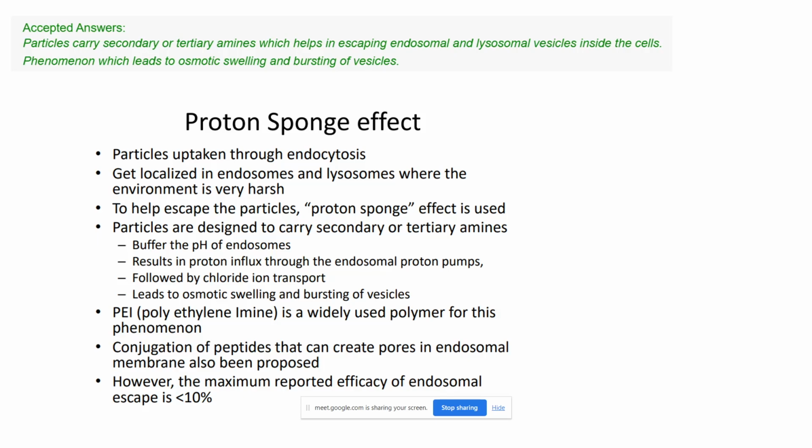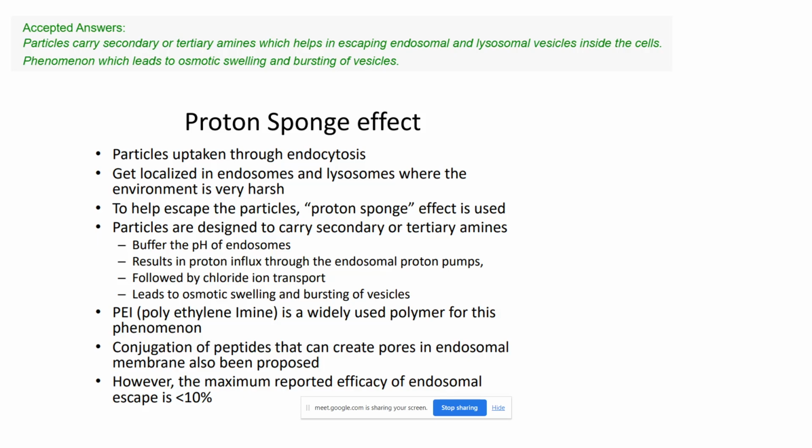In this, particles are designed to carry secondary or tertiary amines that buffer the pH of endosomes. So these secondary and tertiary amines will attract more positively charged ions. So more charge will accumulate inside the endosome as compared to the outside, and that will lead to osmosis, and more and more diffusion of water will take place, which will lead to osmotic swelling and bursting of vesicles.